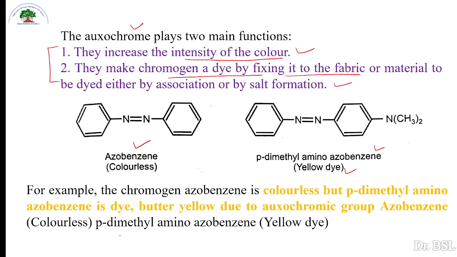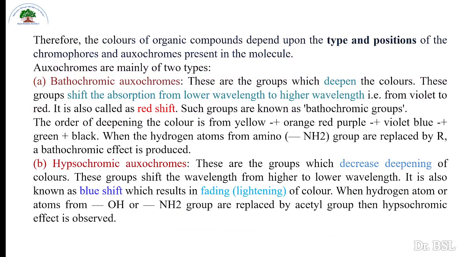Para-dimethylaminoazobenzene is yellow colored. Therefore, the color of an organic compound depends on the type and position of the chromophore and oxochrome present in the molecule.